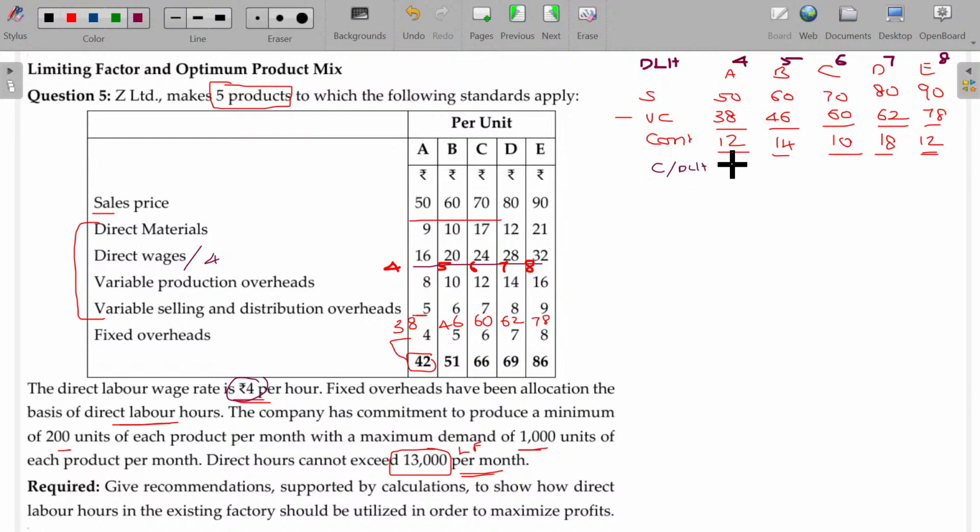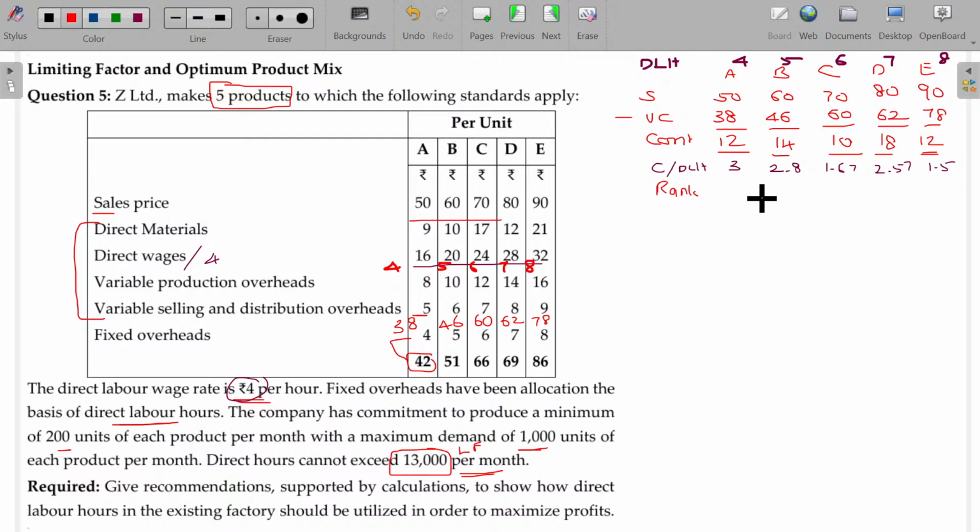12 by 4, 3 rupees, 14 by 5, 2.8, 10 by 6, 1.67, 18 by 7, 2.57, 12 by 8, 1.5. Now you can rank based on this available information.